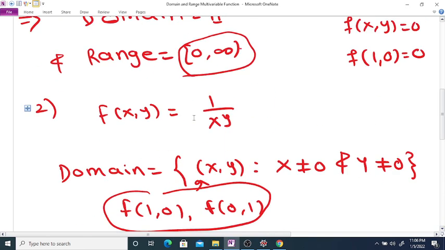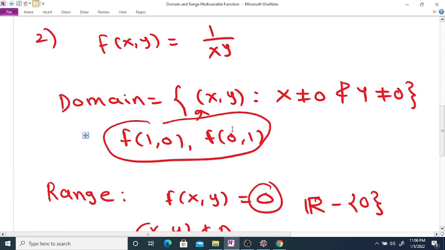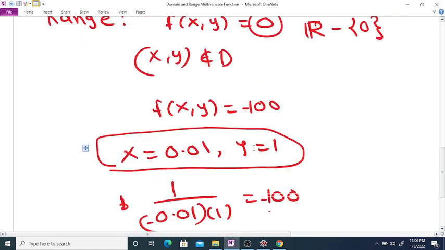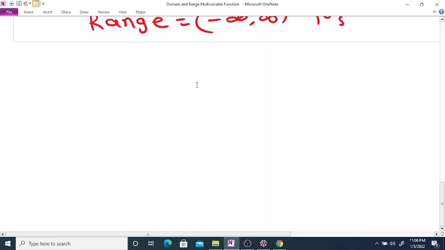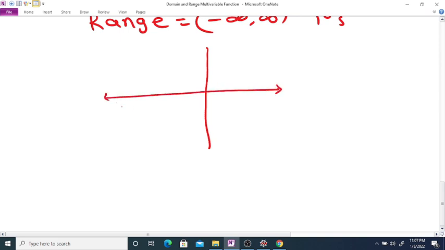So if f of (x, y) is equal to 1 divided by xy, its domain is x not equal to 0 and y not equal to 0, and its range is minus infinity to plus infinity minus 0. Here, if you sketch the domain of the given function, you can observe, suppose this is the x-axis and y-axis, then what is the domain here?